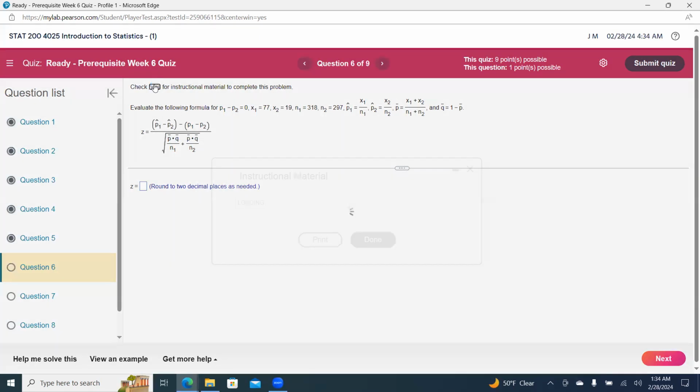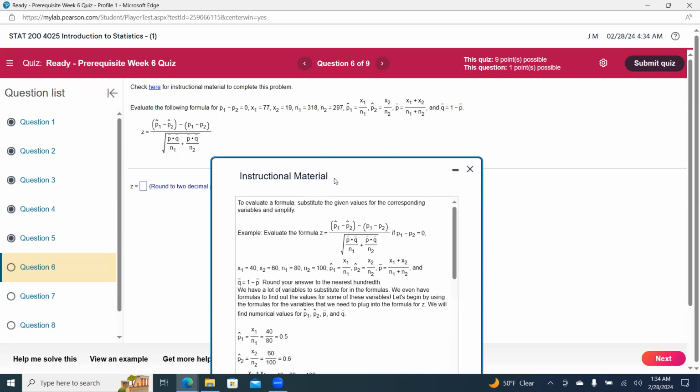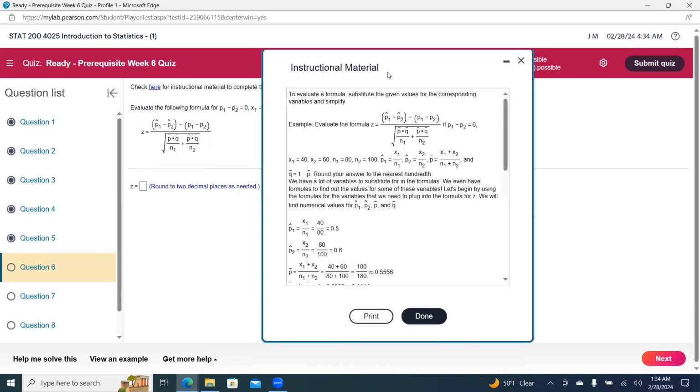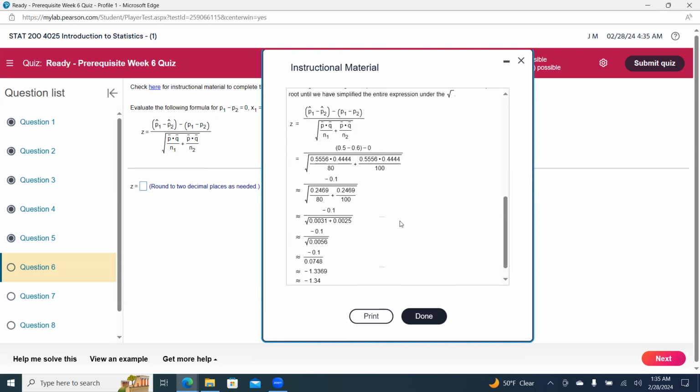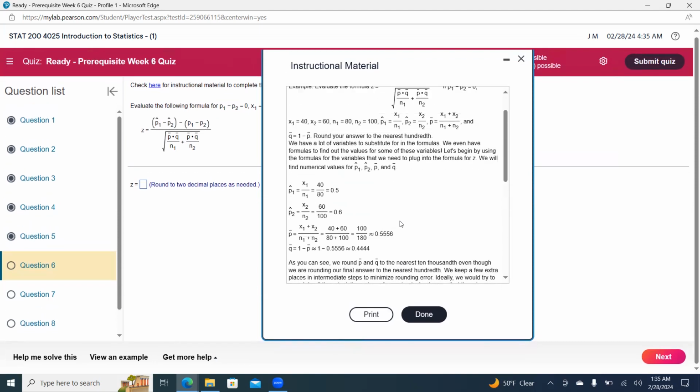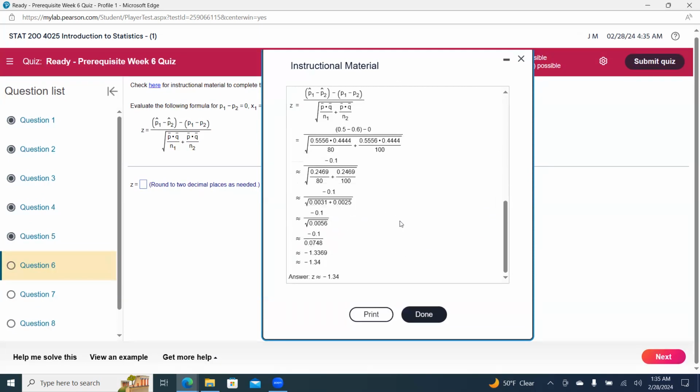Maybe they tell us right there. To evaluate the formula, substitute given values of corresponding, obviously know how to do that. So they don't tell us what the thing is. They just tell us how to calculate all that, which we already knew. But those are going to be different values there.